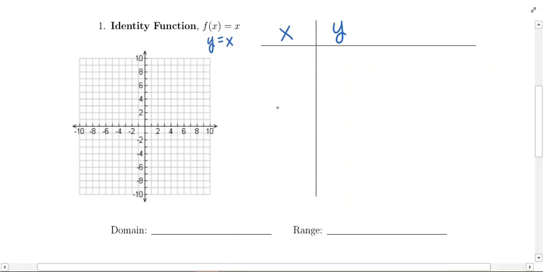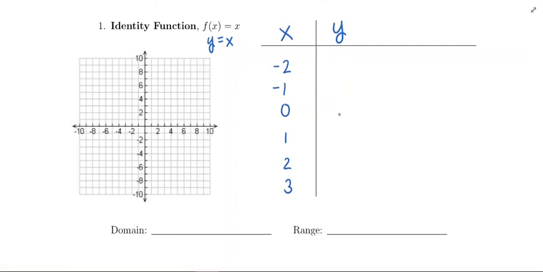I'm going to pick 0, then a couple of positive values, and then a couple of negative values. You want a really good idea of what the graph looks like, so you can accomplish that by picking a variety of x values. I centered myself around x equals 0, and then picked some negative and some positive values.